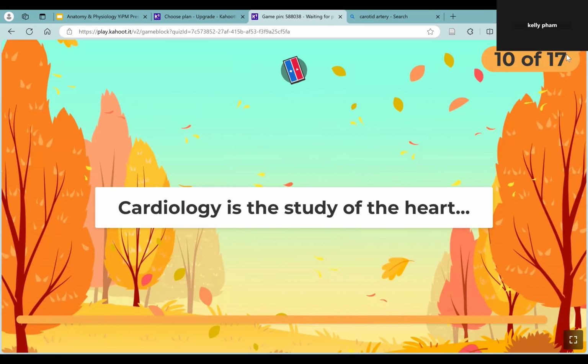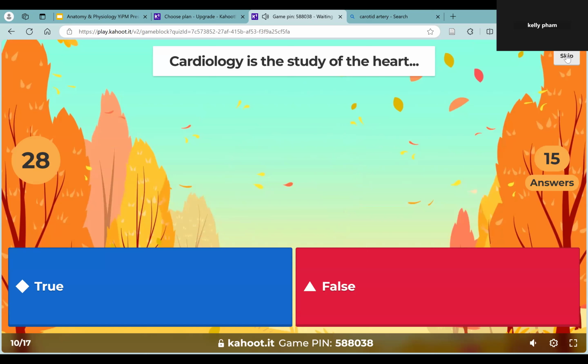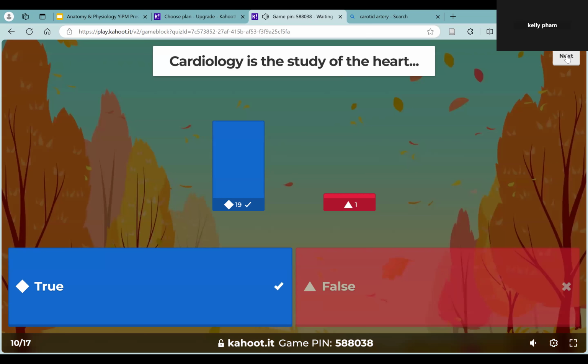Cardiology is the study of the heart. Yes, so that's true.